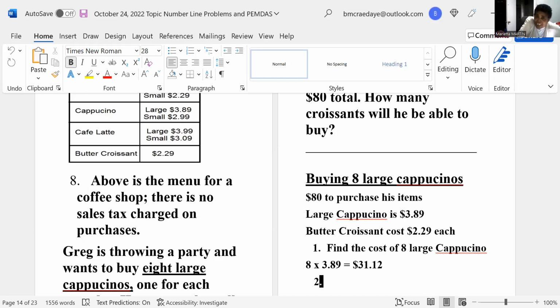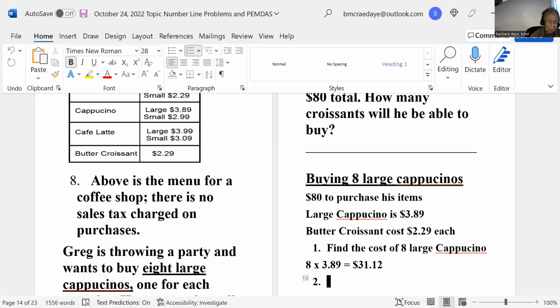You have to think by the $80 to see how many croissants you could buy with the rest of the change. So what's the operation? Multiply the 31 by 80.